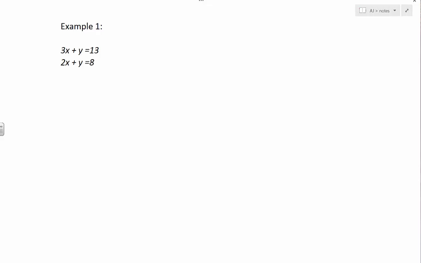So I'm going to use this second equation here, and if 2x plus y equals 8, then that means that y equals 8 minus 2x. This is the same condition as the original equation. So if y equals 8 minus 2x, then that solution will definitely lie on the line. We'll impose that into the other expression.